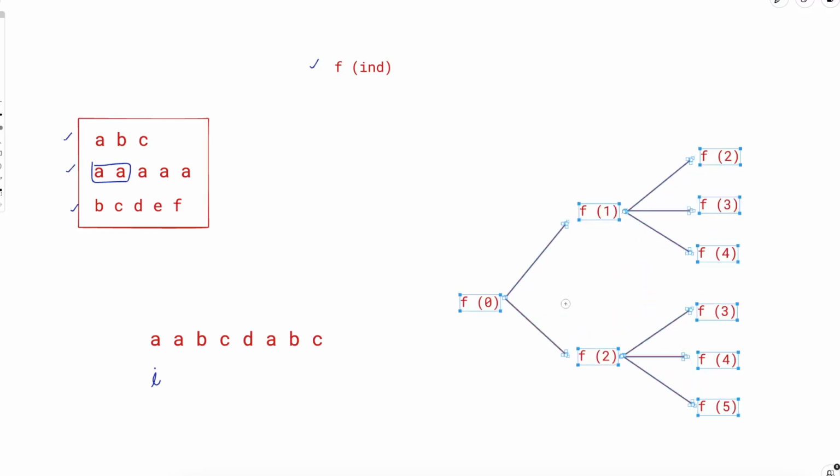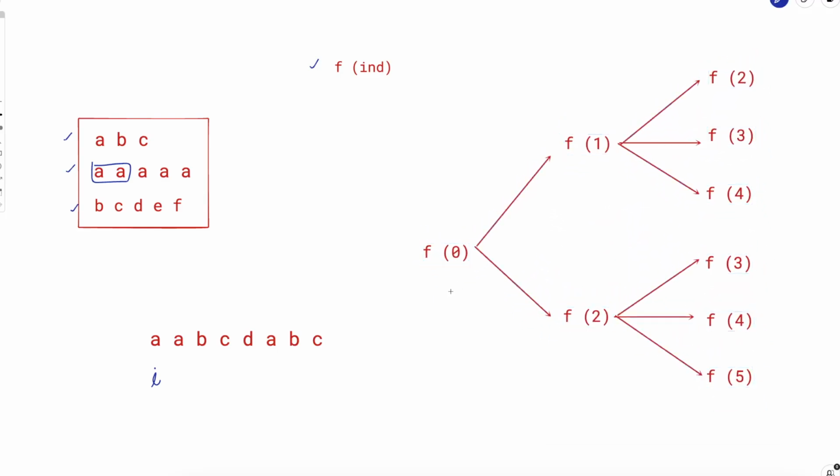This is how the function, or the recursion, would proceed. Let's say you want to first figure out f of 0, because you want to know how many valid strings are required to form everything starting at index 0, which is this entire string. So what are the choices? Or rather, what are your possible options at this state?